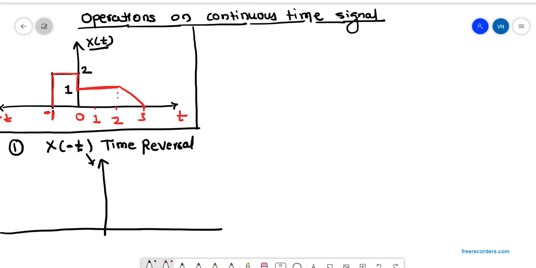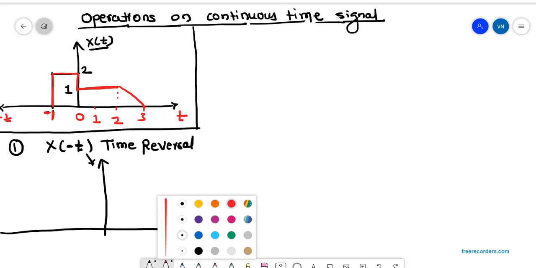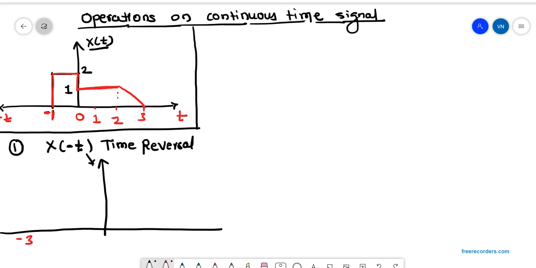So whatever the signal is starting from -1, that will change and the signal will start from, for example, -3, -2, -1, 0, 1, 2. This is plus t, and at this position is minus t, and this is x of minus t.